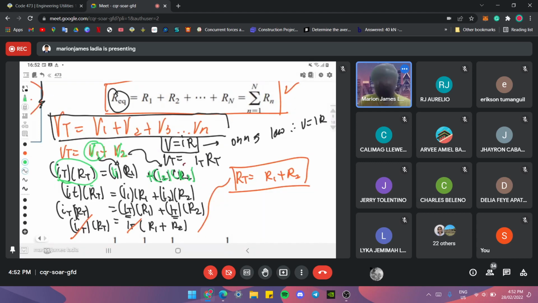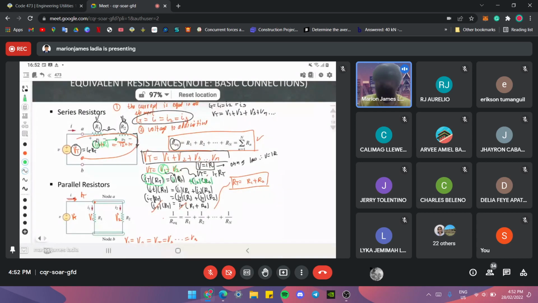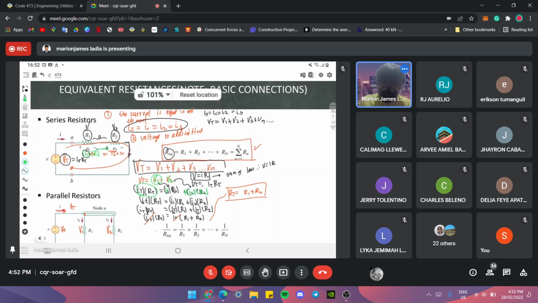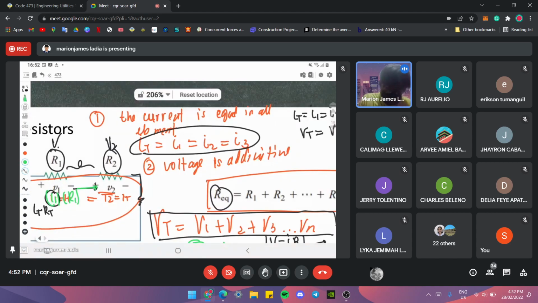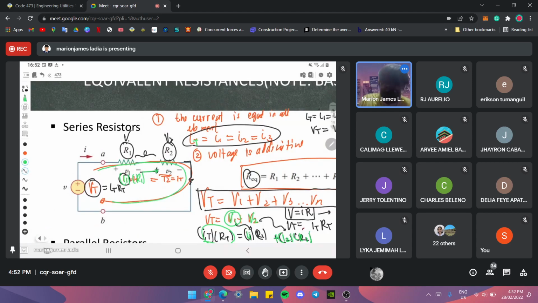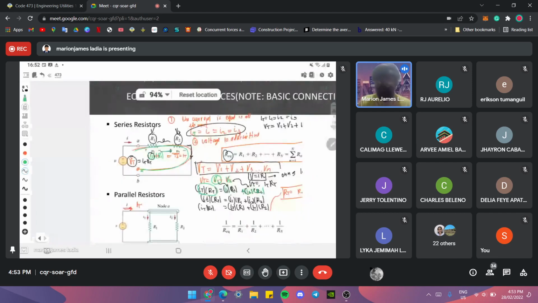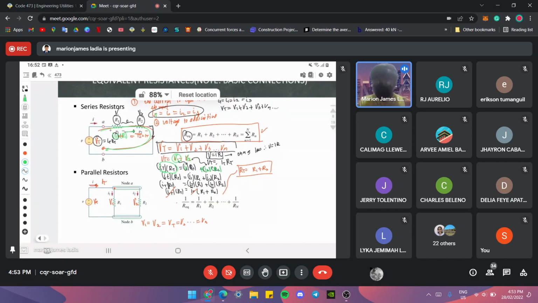Now, since we know that the property of a series resistance or resistors that are introduced a while ago is that I total or the current that is entering all throughout the resistor is equal to the current entering to any of the resistor at series connection. So, take note at series connection, lahat ng current natin ay equal.